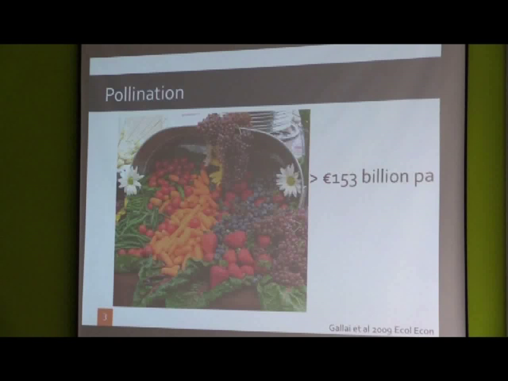Now, any calculation like this is actually wrong, for a number of reasons. One reason is that we don't actually understand who is providing pollination services to many crops, and the importance of self-pollination versus insect pollination versus wind pollination.